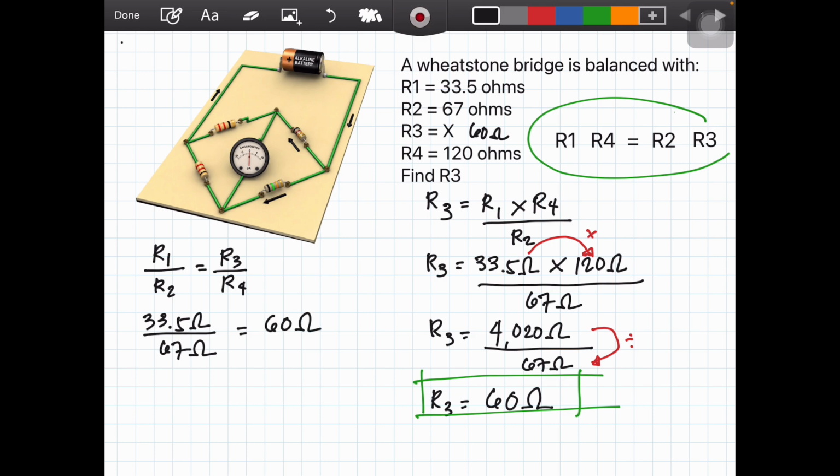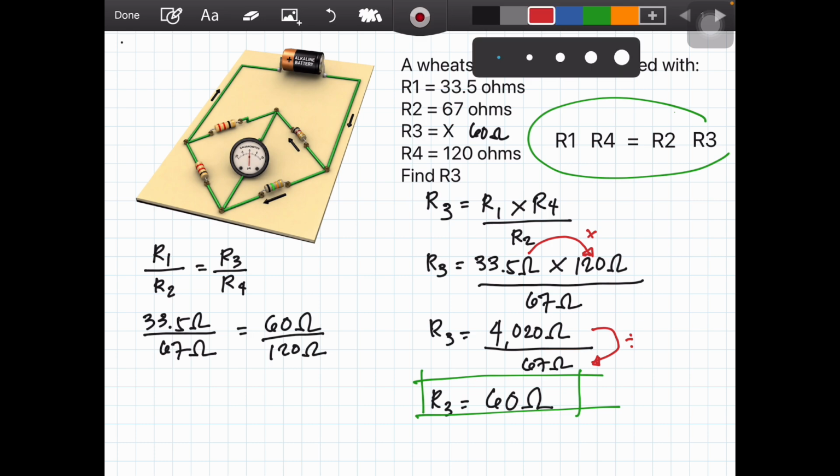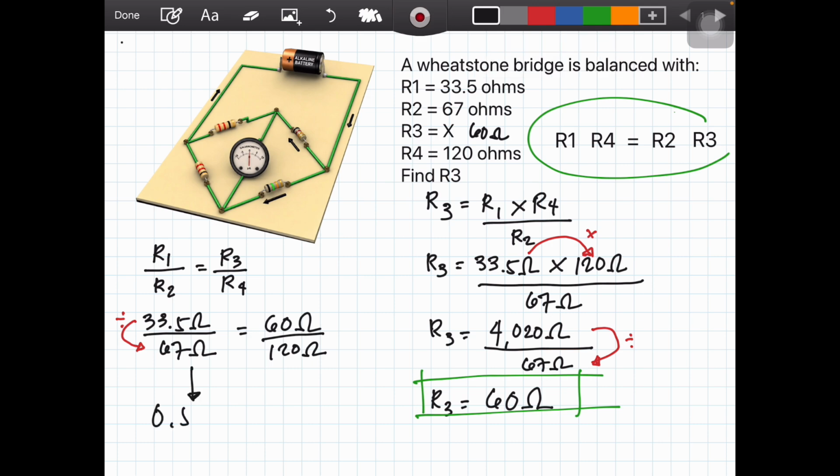Over R4, which is 120 ohms. Alright? Balanced daw. Let's check if it is really balanced. So, what do? 33.5 divided by 67. No, divide yan, ha? That's division. What you get out of that equation is 0.5 ohms.